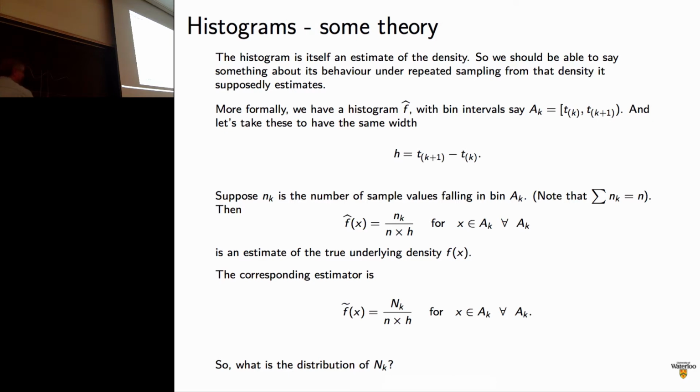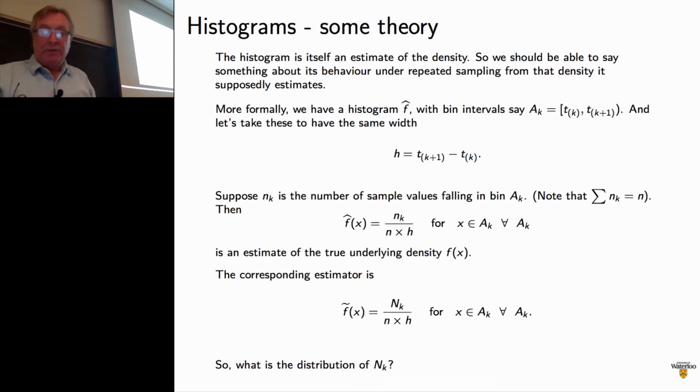Here's the bin Ak. What's the probability of falling in that bin? What's the probability of getting a value between here and here? It's just that area, right? The area under that curve, under the density.